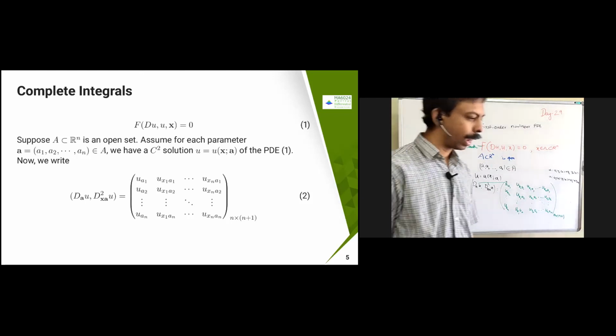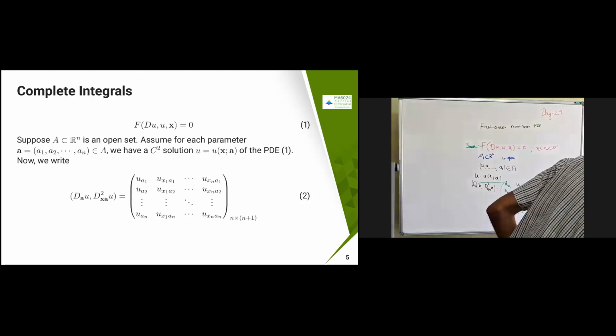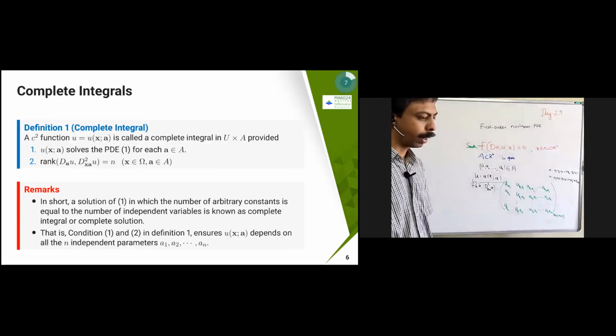Depending on the rank of the matrix, I am going to say whether I am going to get a particular-size complete integral.